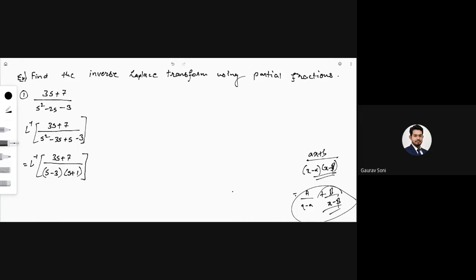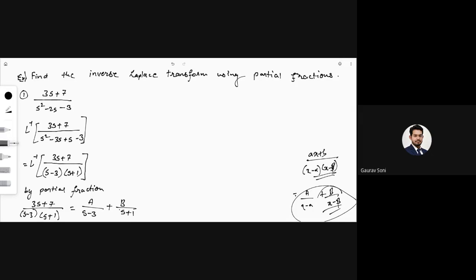So (3s + 7) upon (s minus 3)(s plus 1) I can write as A upon (s minus 3) plus B upon (s plus 1).